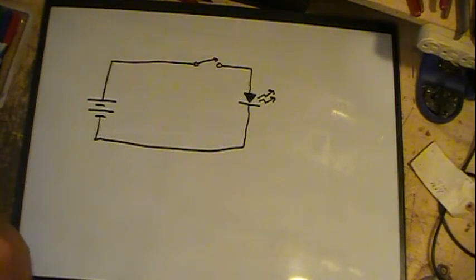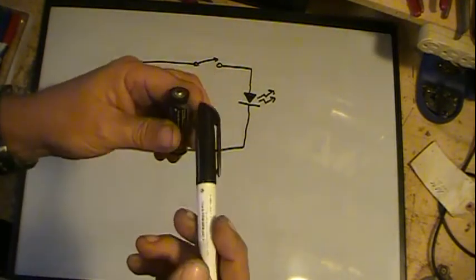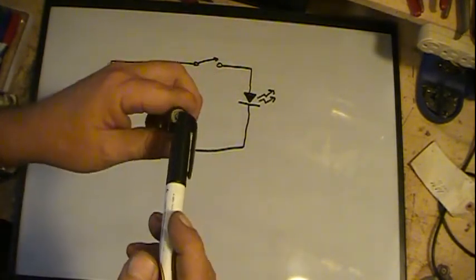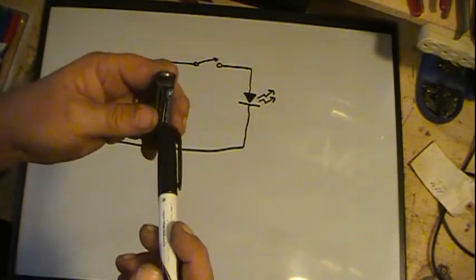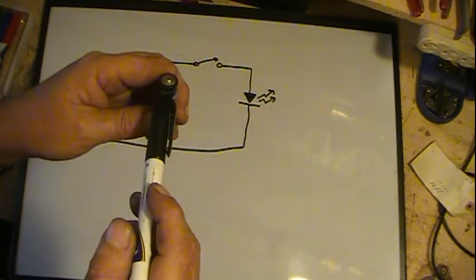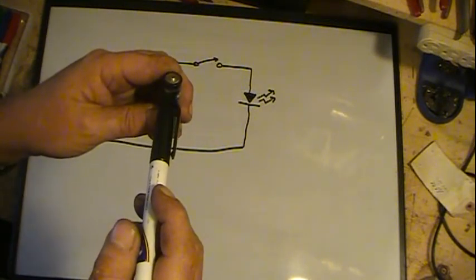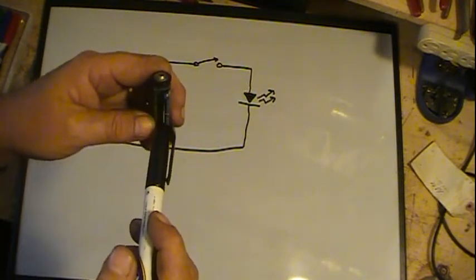The center post of the battery, this little part right here, generally is hooked to carbon. And yes, carbon is actually considered a metal. But in any case, that one actually gets stripped of electrons. It ends up being very highly positive charged.